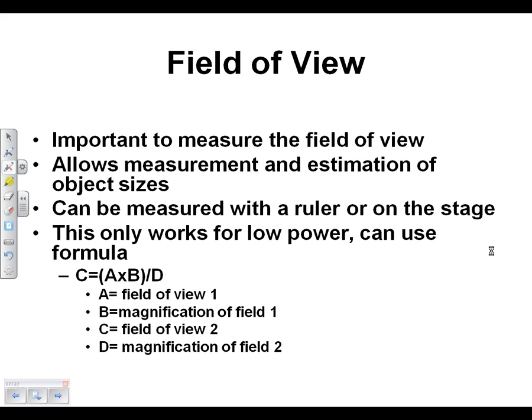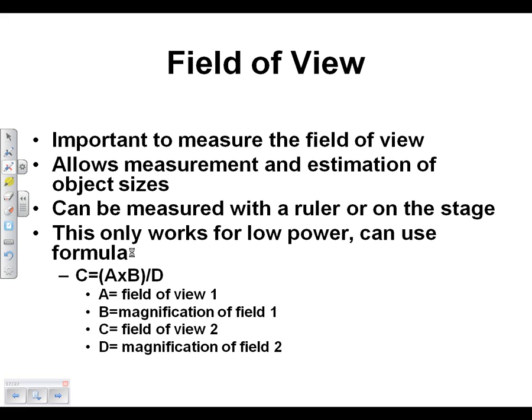But if you do it at low power, then you can easily convert to high power if you use the formula C equals A times B over D, where A is your field of view, whatever you measured. B is whatever magnification that was at when you measured it. And D is the magnification of whatever field of view you changed to.